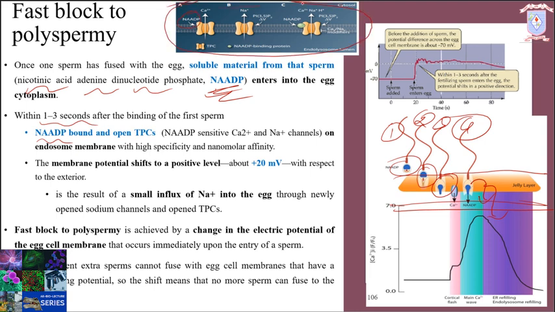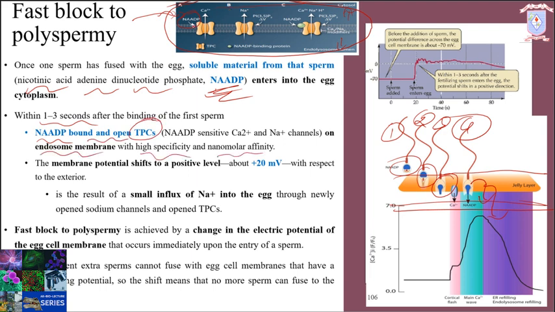Consider this is the egg. The upper portion is the cytosol of the egg, and the lower region is the endoplasmic reticulum or endoplasmic lumen. Once the sperm has fused with the egg plasma membrane, the NAADP from the sperm enters into the cytosol of the egg.